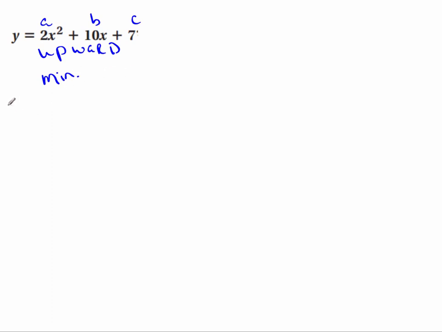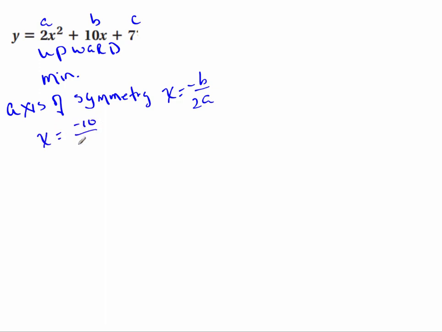So let me find the axis of symmetry. x is equal to minus b over 2a. So x is minus 10 divided by 2, and a in this case is 2. So this is negative 10 over 4, negative 5 halves, so it's negative 2.5.